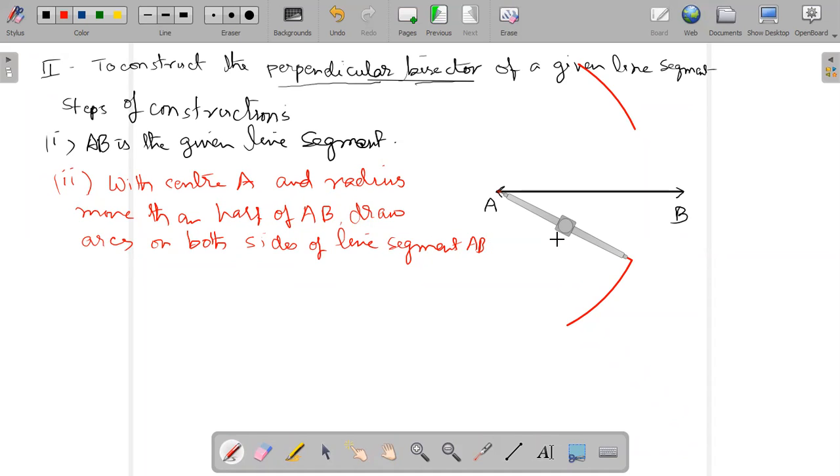with the same radius now. Do not change the radius. The third step, you can see I am not going to change the radius. Same radius. You can put it like this and keep it here.